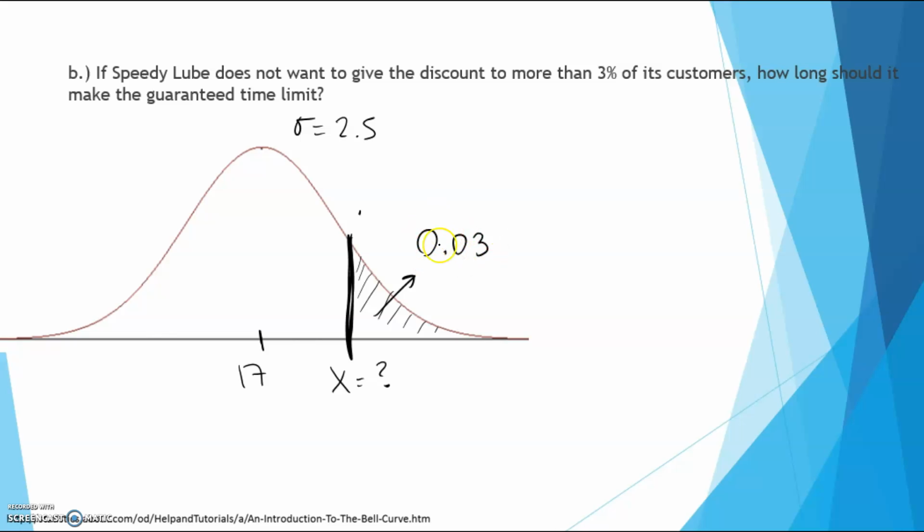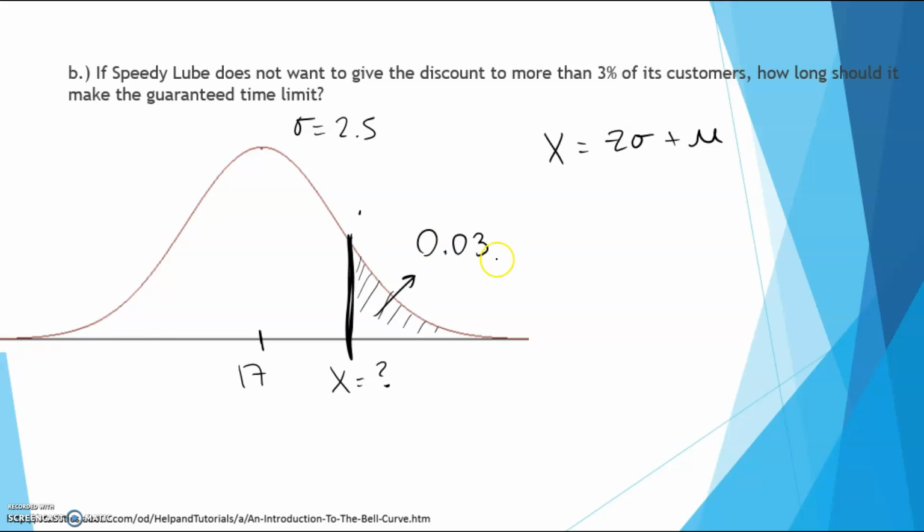So now this could be a probability, which is the same thing as area since I'm in a normal distribution. So this is the area. What I need to do is find a z-score, because I'm going to have to use this formula right here, z-score times sigma plus mean to figure out my x value. Well, I've got the mean of 17, the standard deviation of 2.5. I just need a z-score.